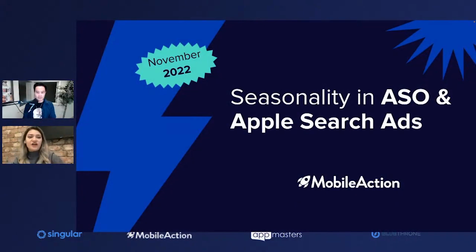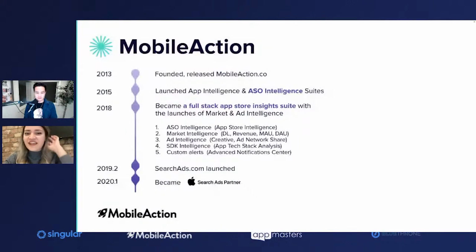Awesome. Thanks so much. So let's get into it. I just want to give you a little bit of background on Mobile Action. Mobile Action was founded in 2013 as an agency, and then 2 years later, we launched our App Intelligence and ASO Intelligence suites. 3 years later, we launched our Market and Ad Intelligence suites as well.